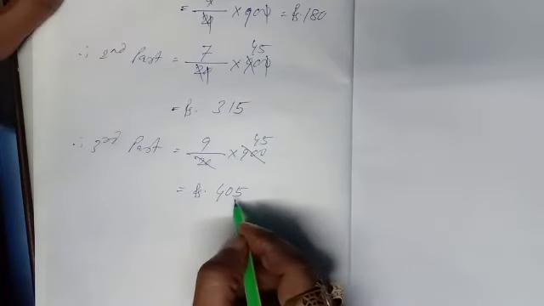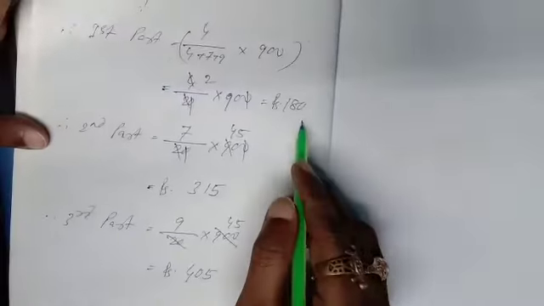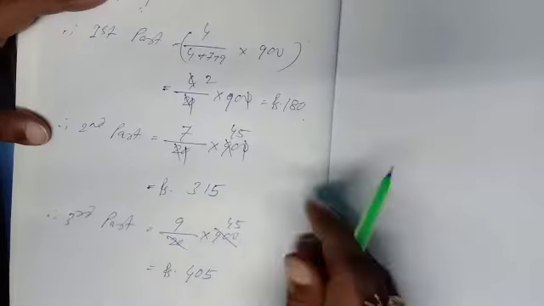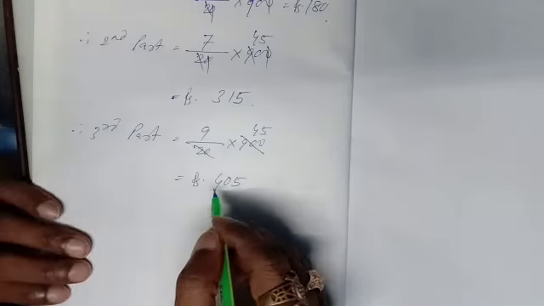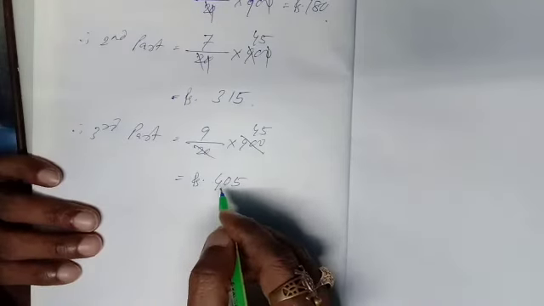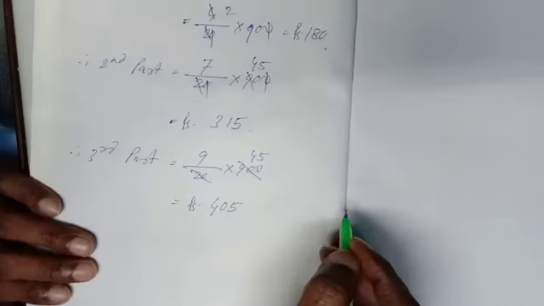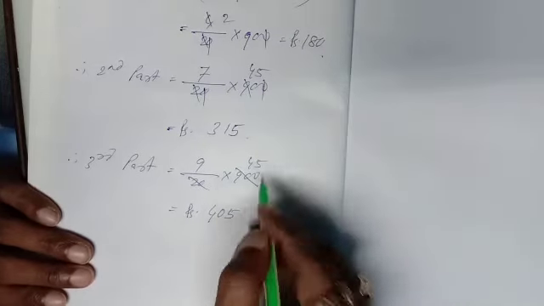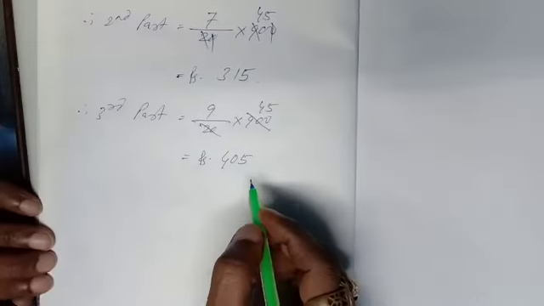Therefore, in this way, the first part is rupees 180, second part is 315, and the third part is 405. You have to divide rupees 900 in the ratio 4 is to 7 is to 9. The first part will be rupees 180, second part is rupees 315, third part is rupees 405. In this way number 3 question completed.